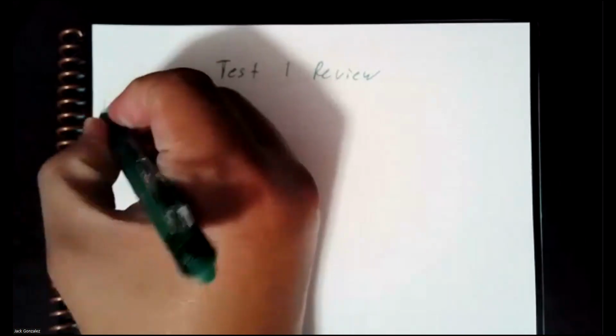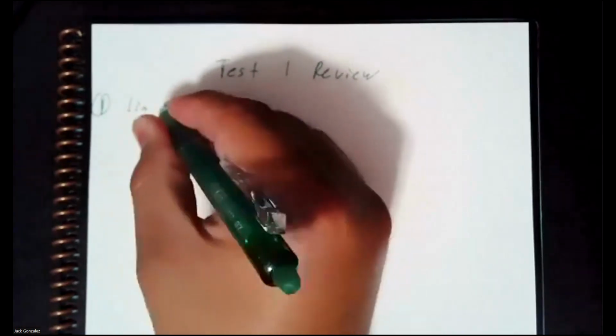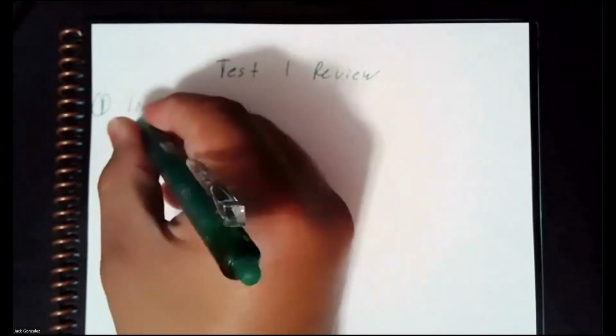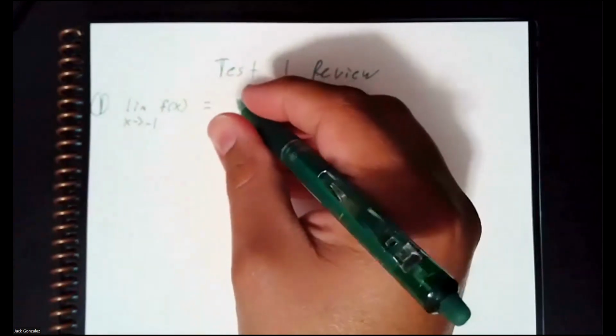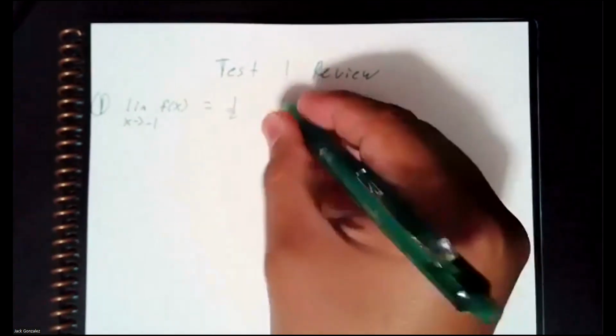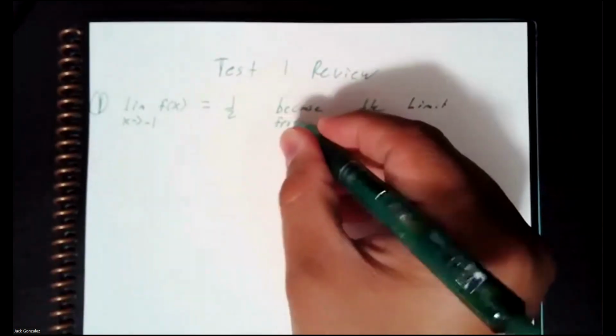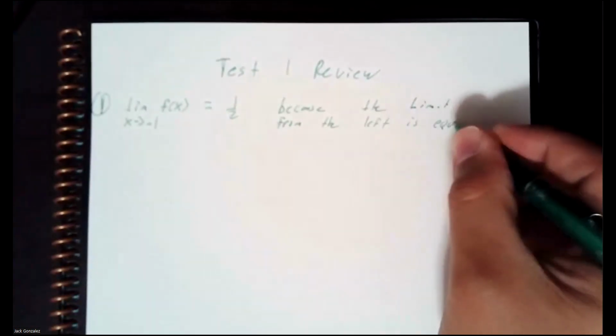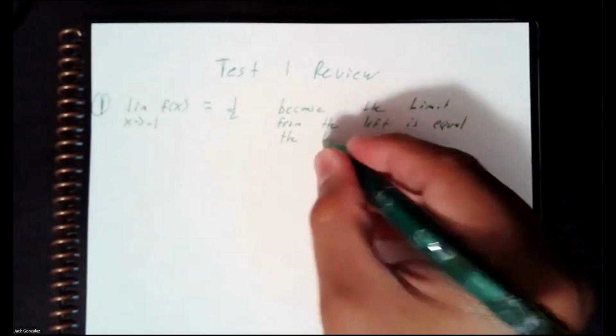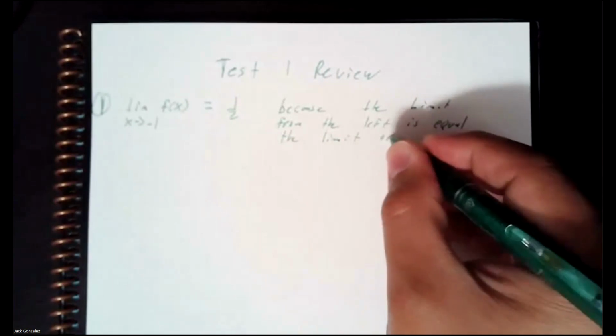Then number 1, well, the limit of f of x as x approaches -1 is equal to 1/2 because the limit from the left is equal to the limit on the right.